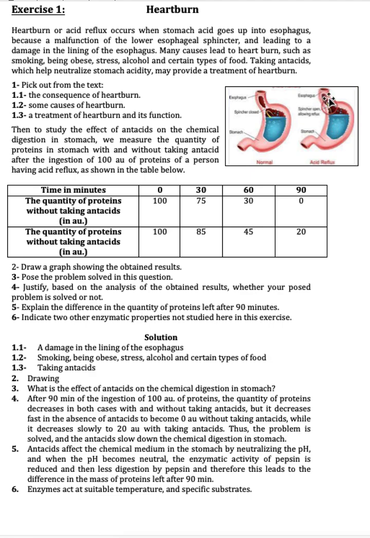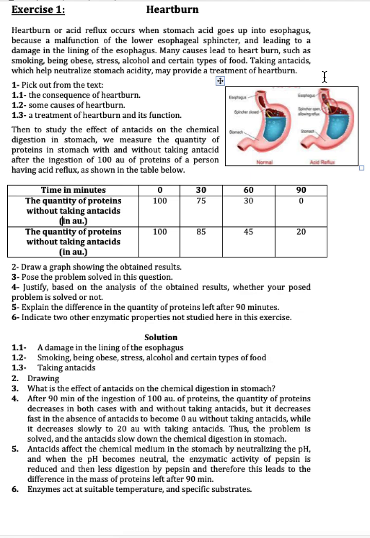It opens to allow the food to pass from the esophagus into the stomach, and it closes to prevent the movement of the acid from the stomach into the esophagus, because the acidity of the gastric juice is harmful for the esophagus.